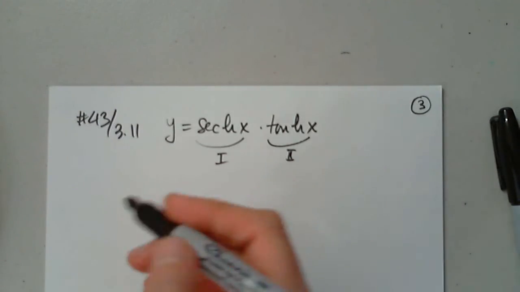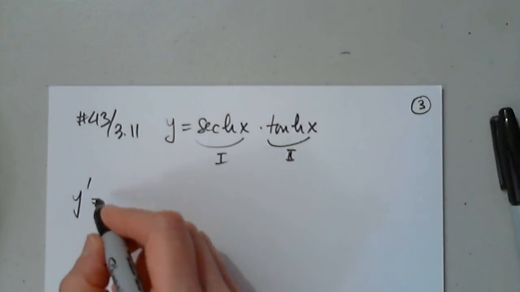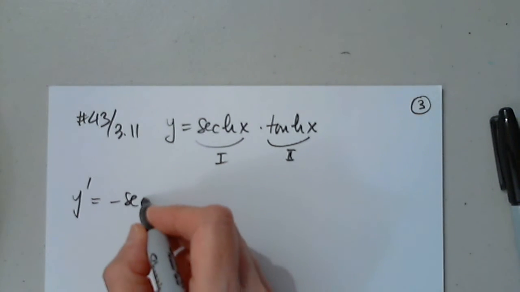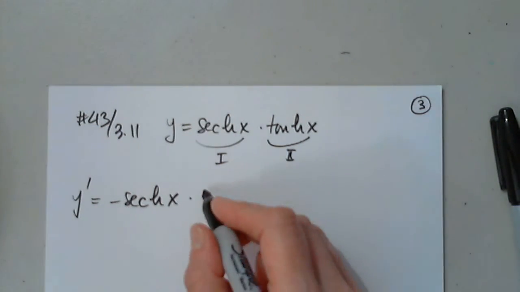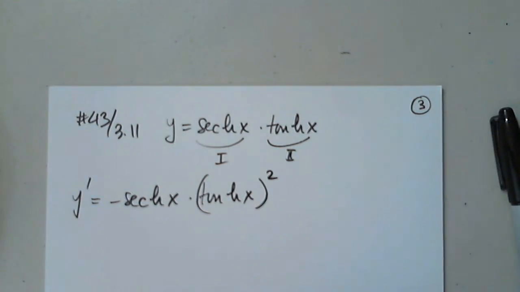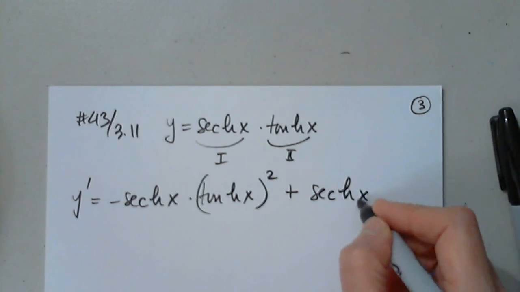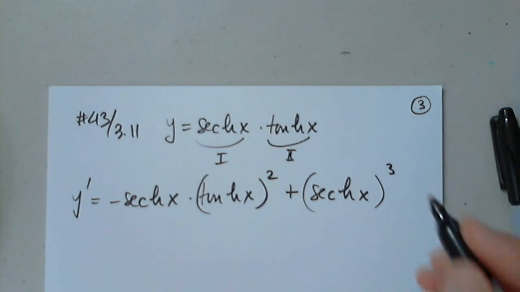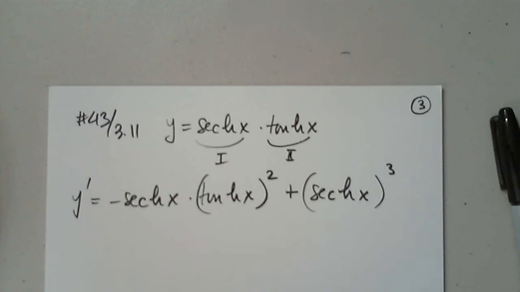Okay, so knowing that, y prime will be hyperbolic secant prime, which is negative hyperbolic secant times hyperbolic tangent, of course, times hyperbolic tangent, and then plus hyperbolic secant times hyperbolic tangent prime, which is hyperbolic secant squared. And you don't have to do anything else. You can factor out if you'd like, then maybe it's simplifiable, but I'm fine with that.